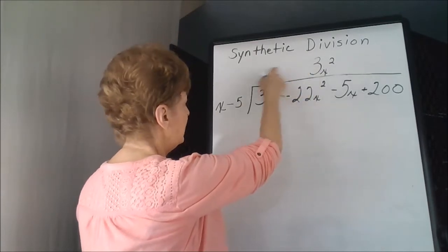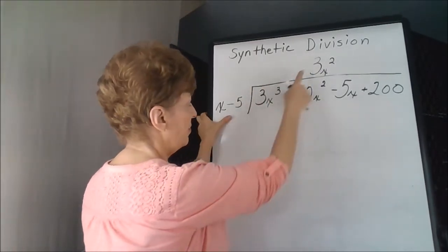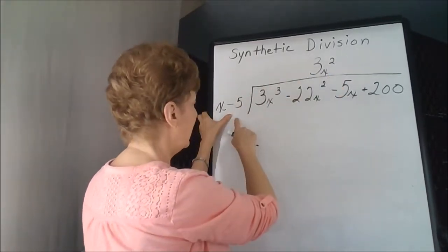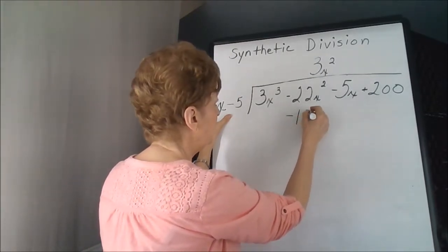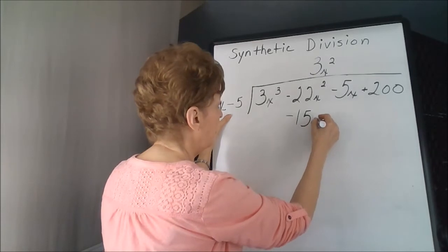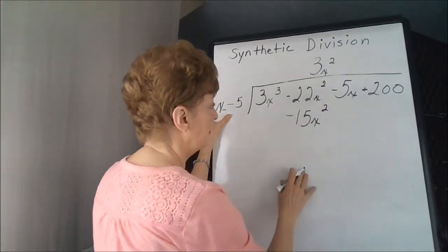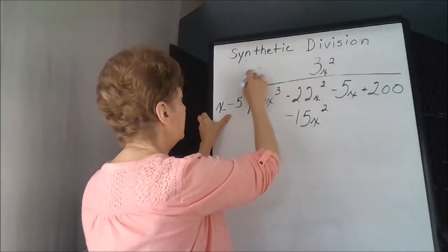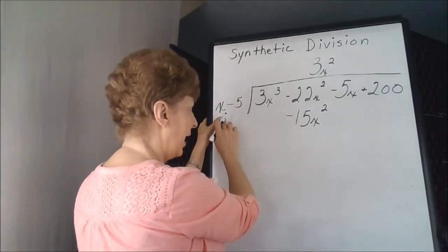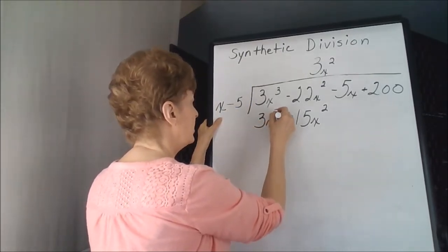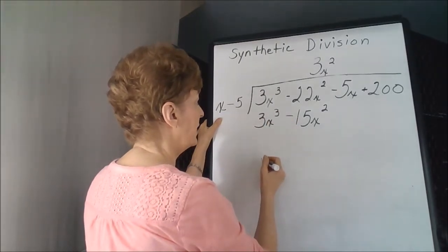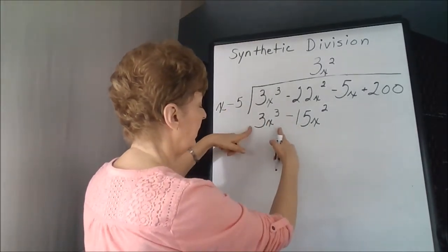So 3x squared times a negative 5 gives a negative 15x squared. 3x squared times x is a 3x cubed. Now this matches perfectly.